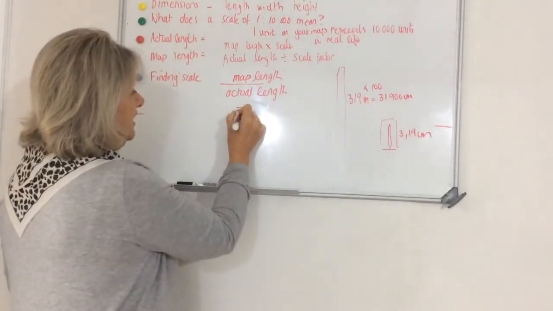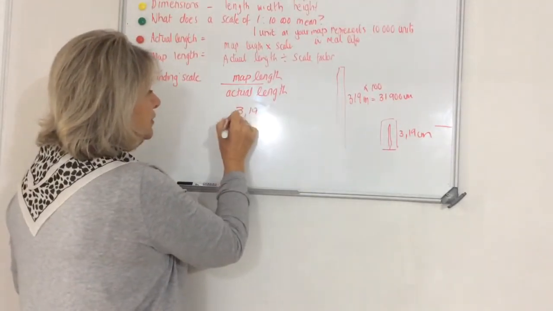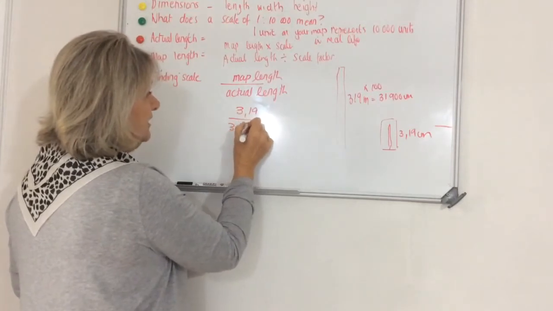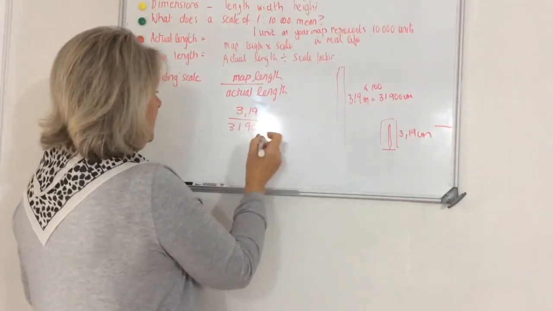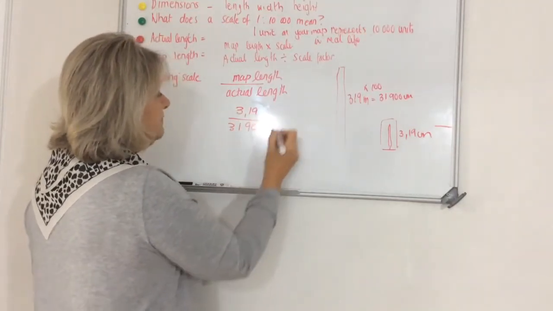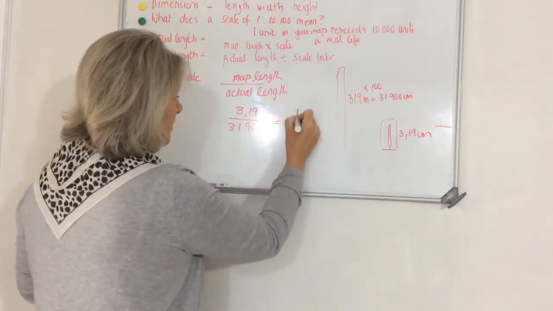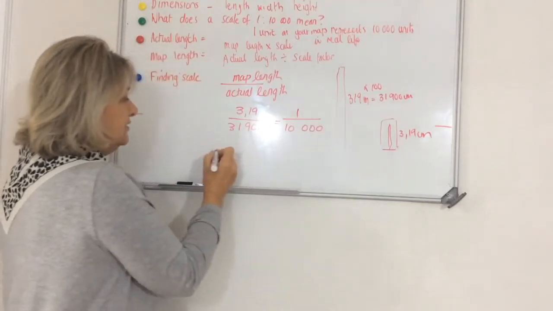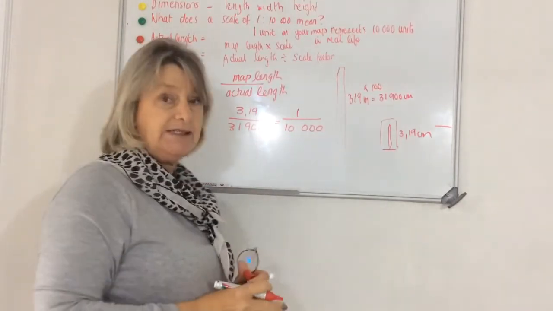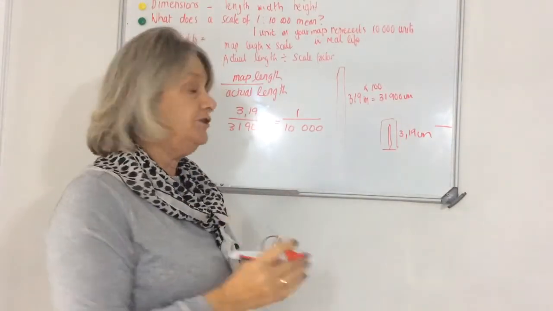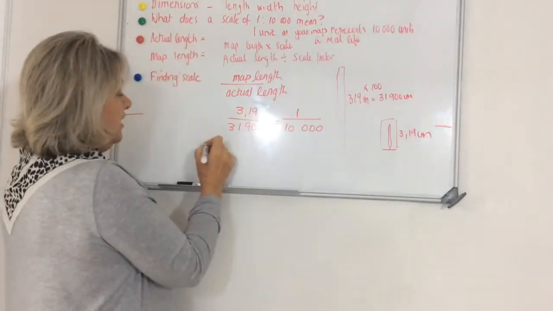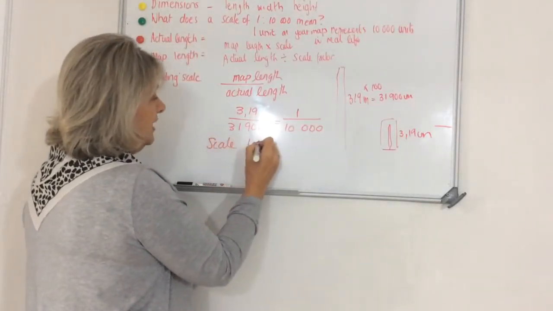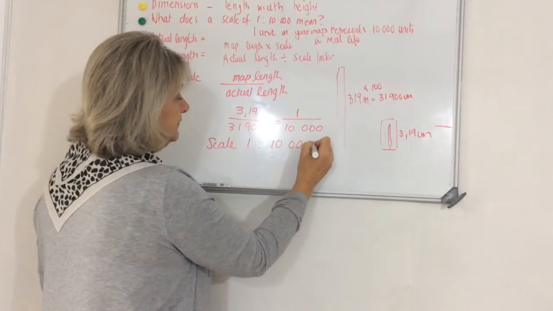So now we will have 3,19 divided by 31900. You can use your calculator, and we're going to get 1 over 10,000. We will never write our scale as a fraction. You have to convert it to a ratio. So our scale would be 1 is to 10,000.